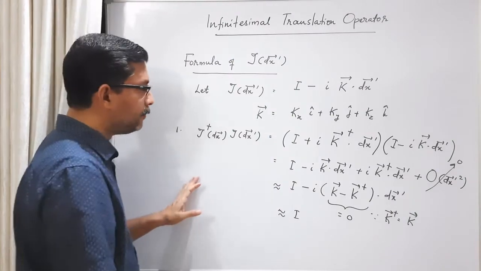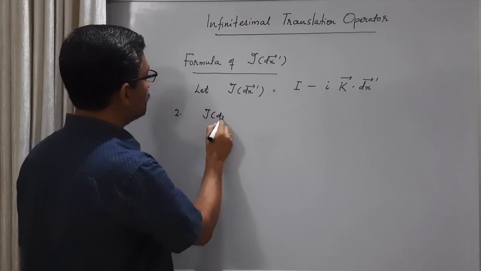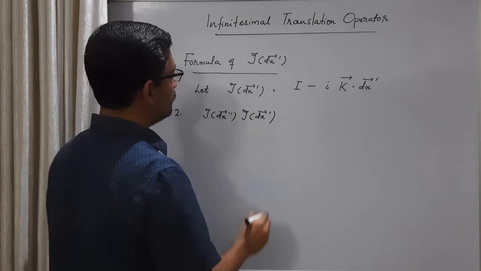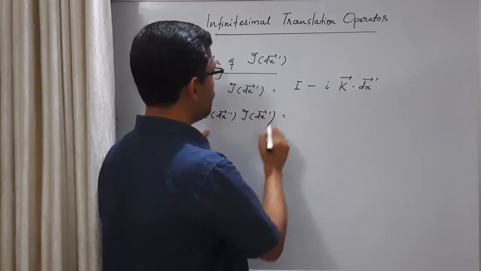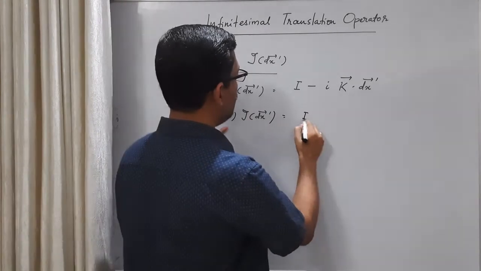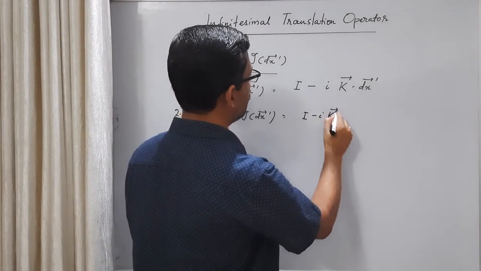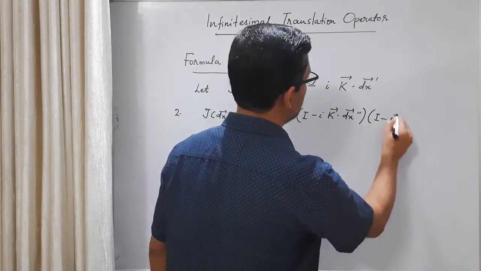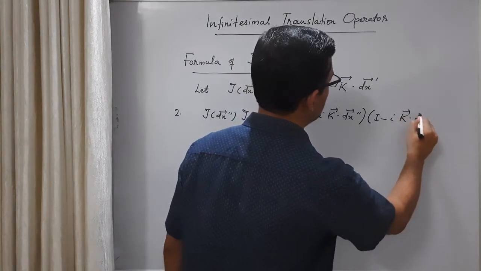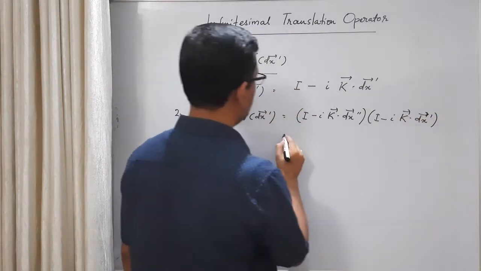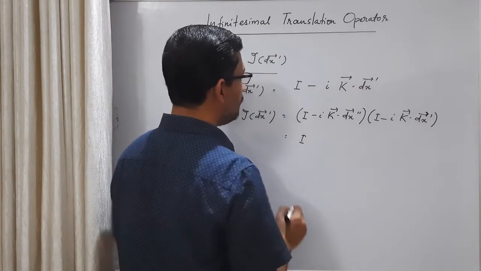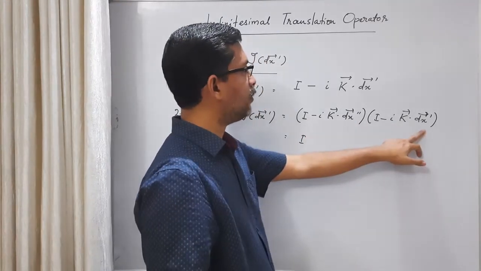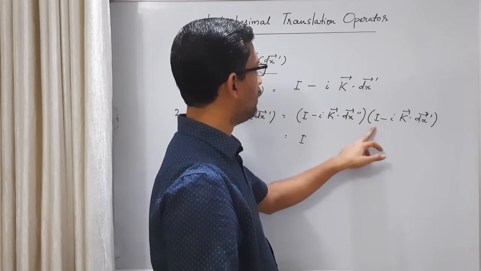Let's go to the next property: I dx double prime, I dx prime, the sequential action of two infinitesimal operators. So what is this? We have identity minus I k dot dx double prime times identity minus I k dot dx prime. What you get is identity, then minus I k dot dx prime, and this into this gives minus I k dot dx double prime.